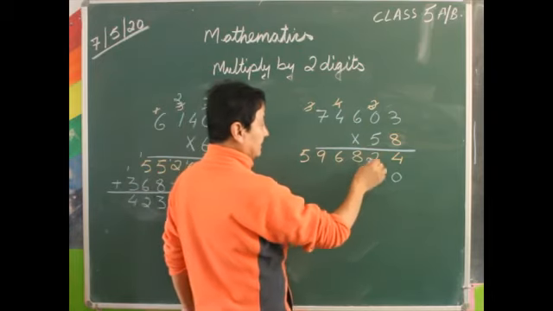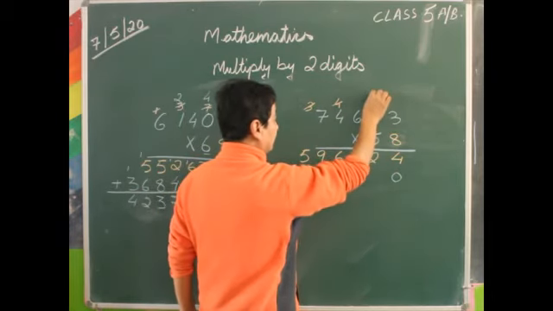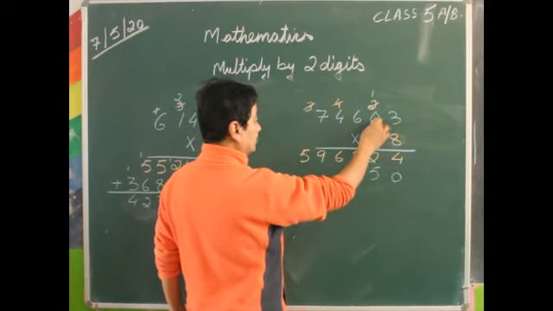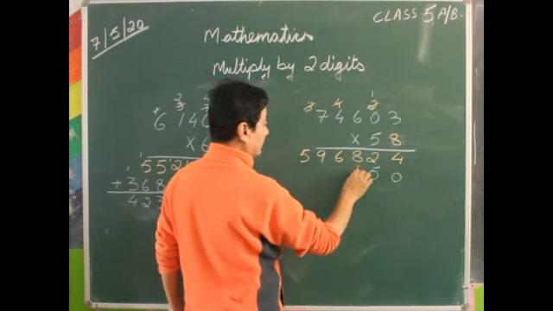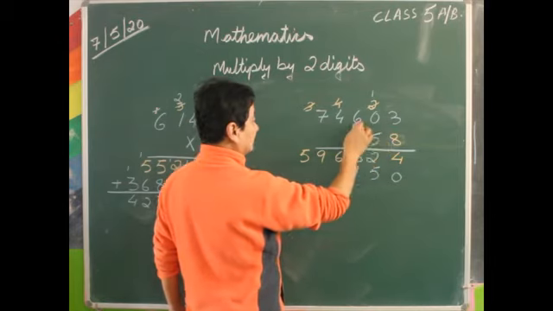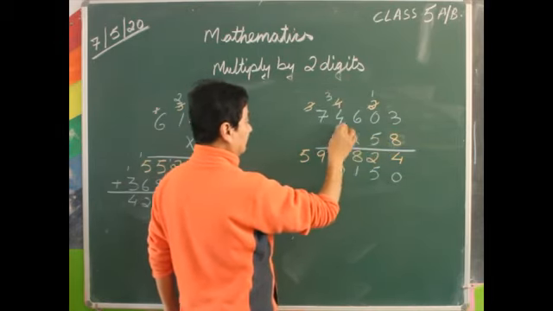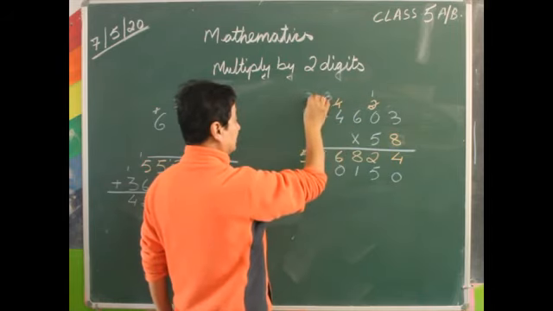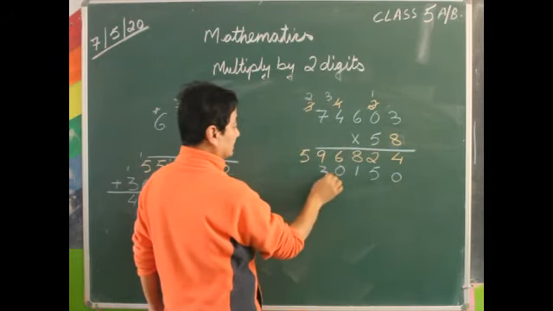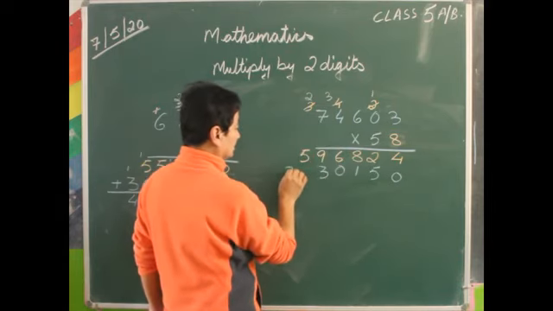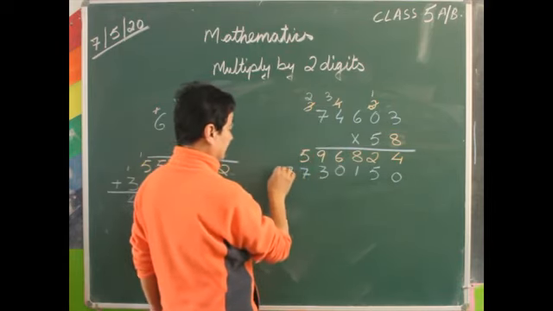So let's start again. 5 3s are 15. 5 zeros are 0 plus 1, 1. 5 6s are 30. 3 0. 5 4s are 20 plus 3, 23. 5 7s are 35 plus 2, 37. Now let's add.